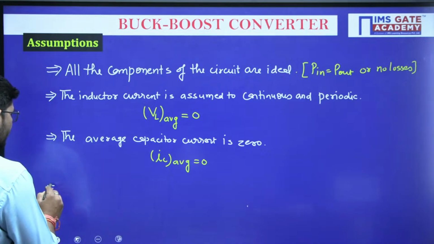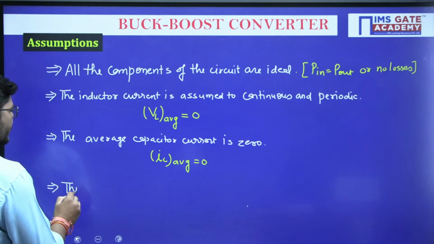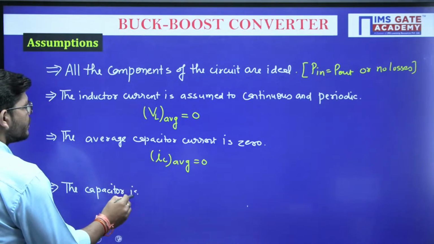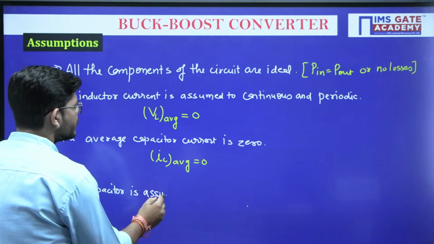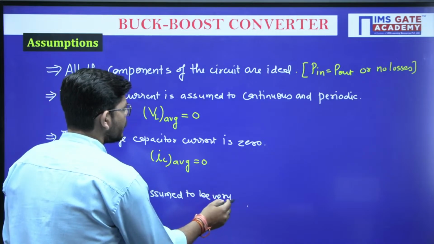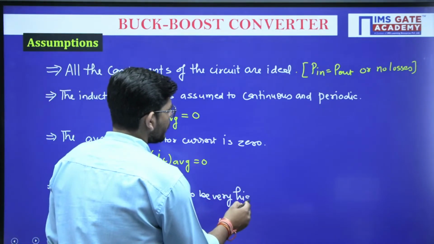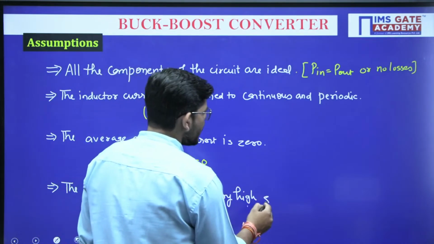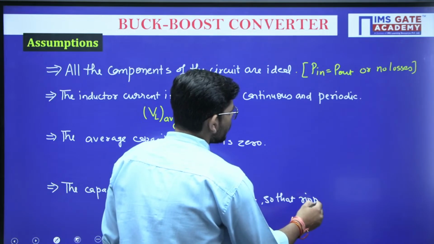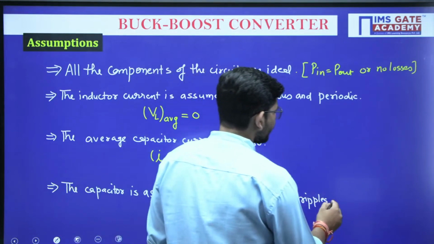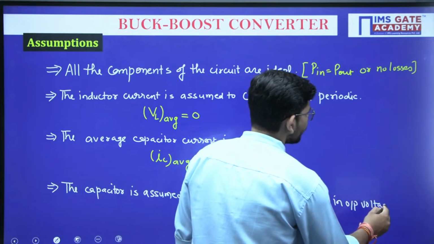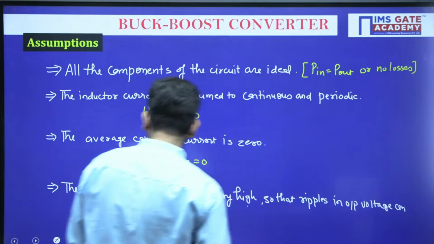After that, we have another important assumption, and that is the capacitor is assumed to be very high, so that ripples in output voltage can be minimized.